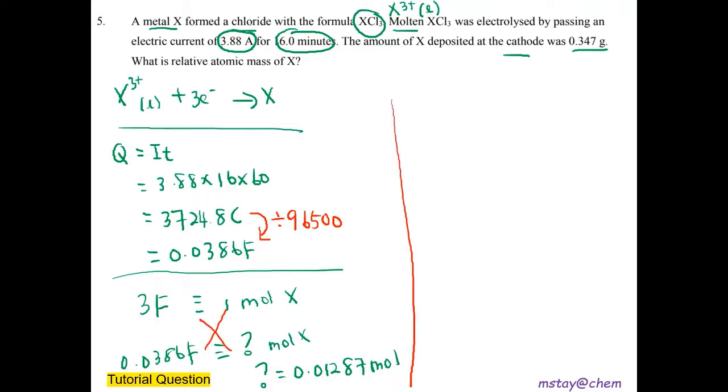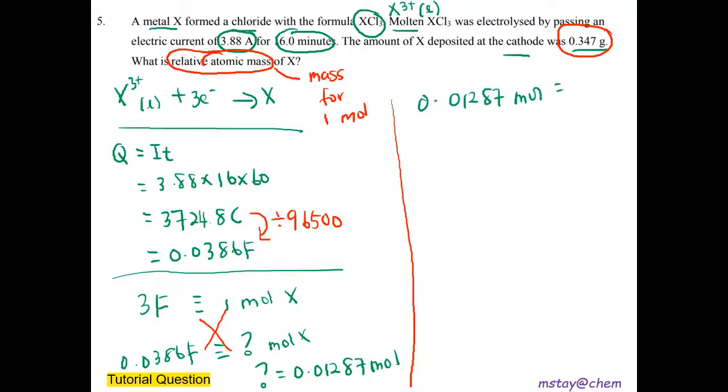So then from here we know that 0.01287 mole is equal to 0.347 gram. But we need to find out the relative atomic mass. So that's why we want to know the mass for 1 mole. So again, we're going to do the comparison. 0.01287 mole is equal to 0.347 gram.